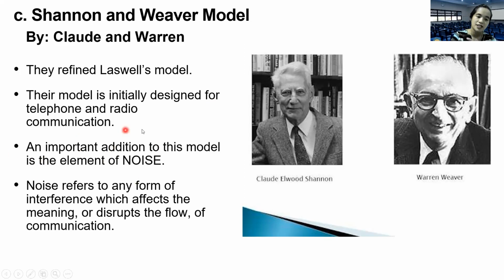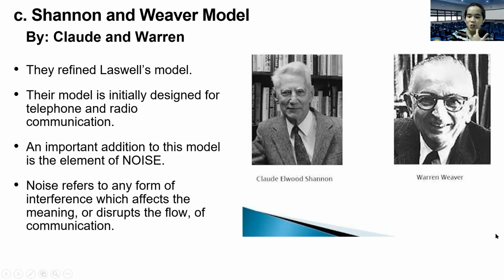Noise refers to any form of interference which affects the meaning or disrupts the flow of communication, and you know that, of course. But just take note that in the Shannon and Weaver model, you have an addition, the element of noise, and it's after Lasswell's model. What's unique with Lasswell's model is the addition of the element channel.